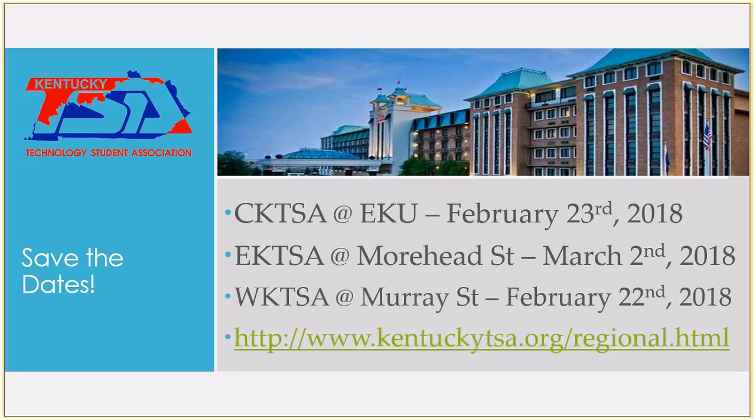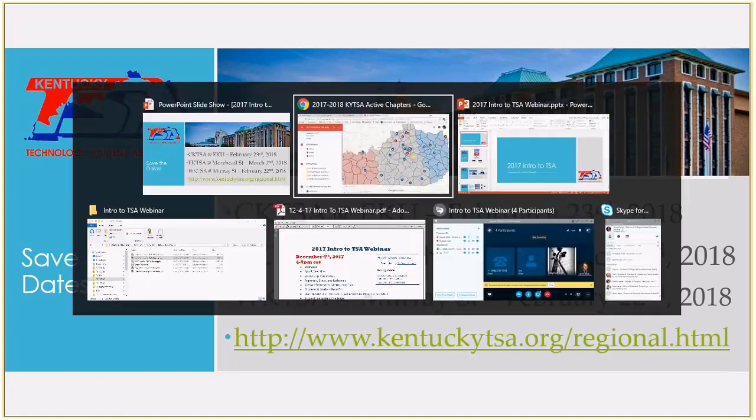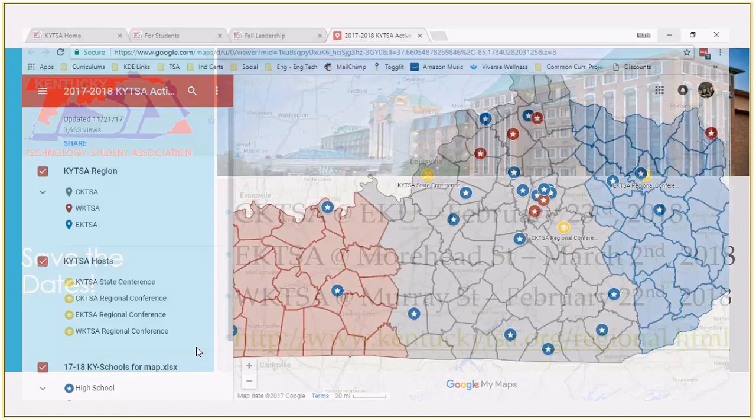So the Central Kentucky, which is CKTSA, you can see is February 23rd. Eastern Kentucky, which is EKTSA, is at Moorhead, March 2nd. And then Western Murray State, February 22nd.